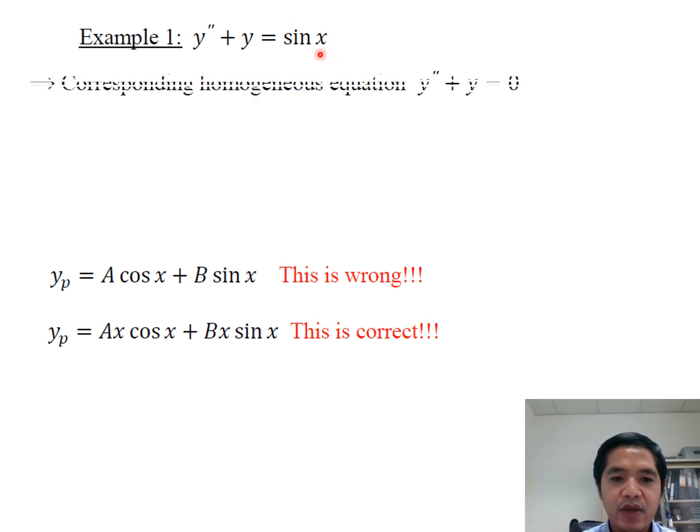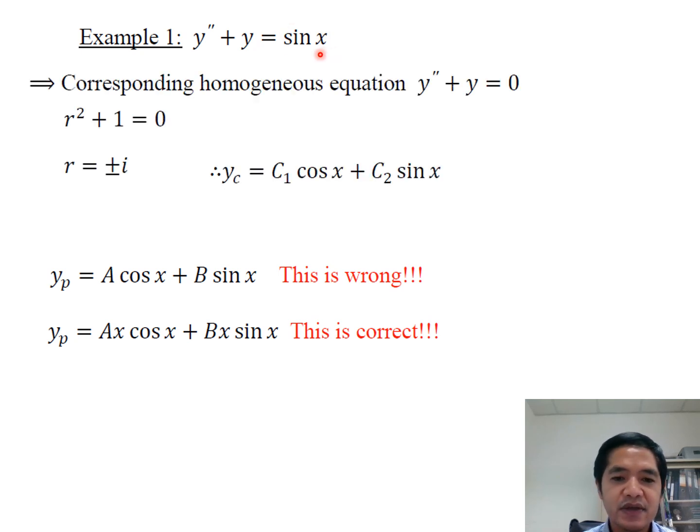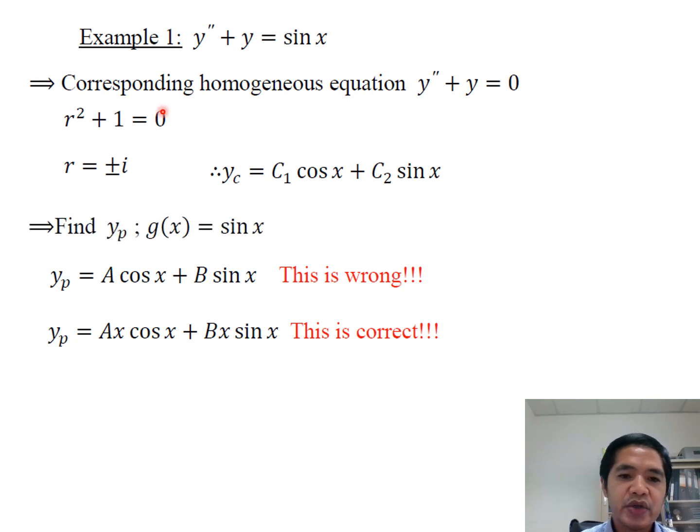So when you think about the solution of this problem, first you think about the left hand side, which is y double prime plus y equal to 0, the corresponding homogeneous equation, and you find the solution of this one.